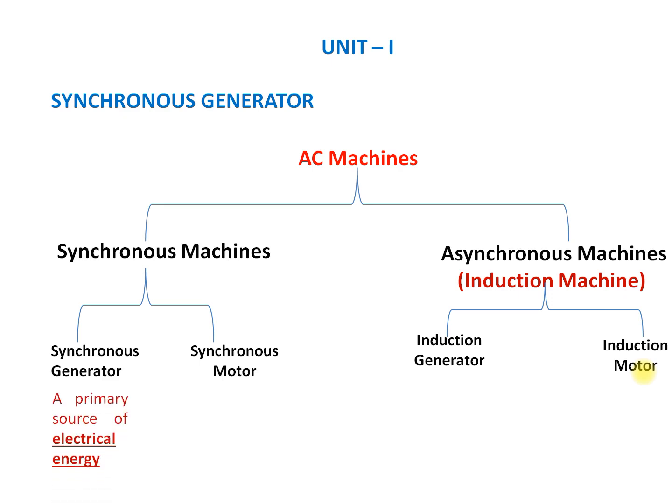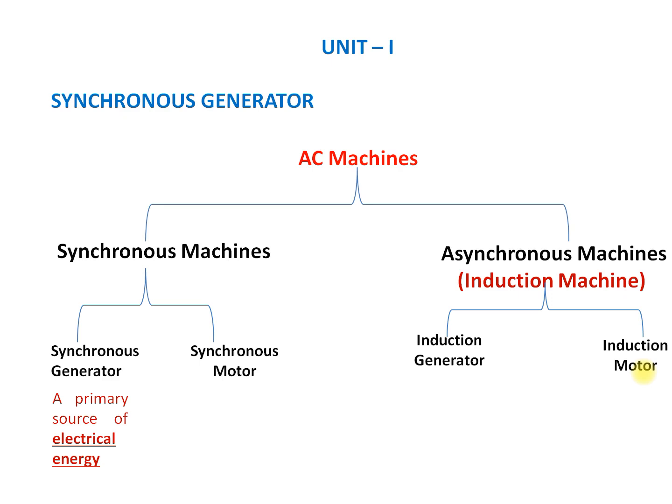The synchronous generators are the main primary source of electrical energy in the main power systems. The power systems are basically AC transmission systems all over the world, because AC transmission systems have very high advantages over DC transmission systems, as the I squared R losses are very low.